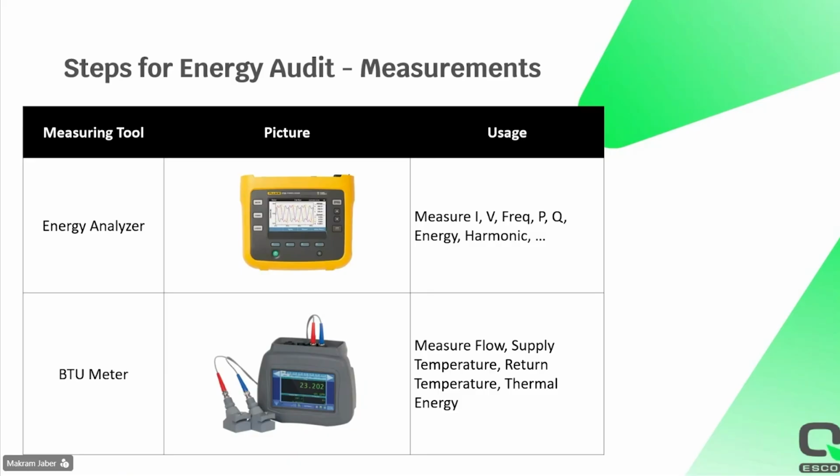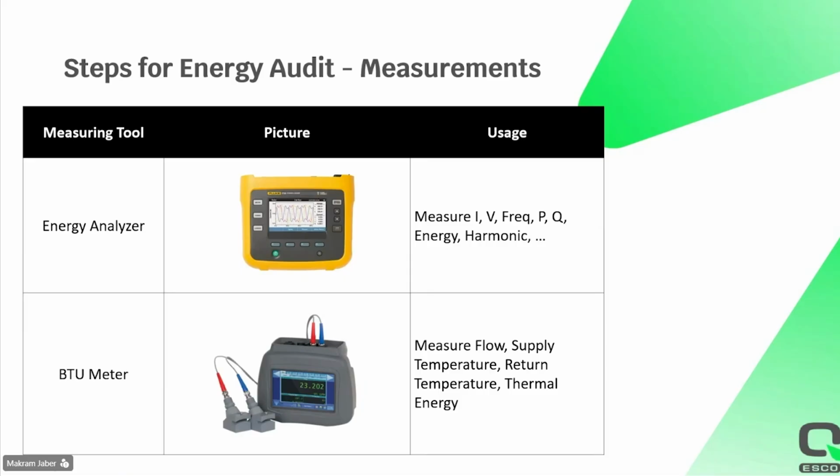Other than the energy analyzer, we have the BTU meter. The BTU meter will measure the flow and supply and return temperature to calculate the thermal energy. This is important because we don't look only at the electrical consumption.